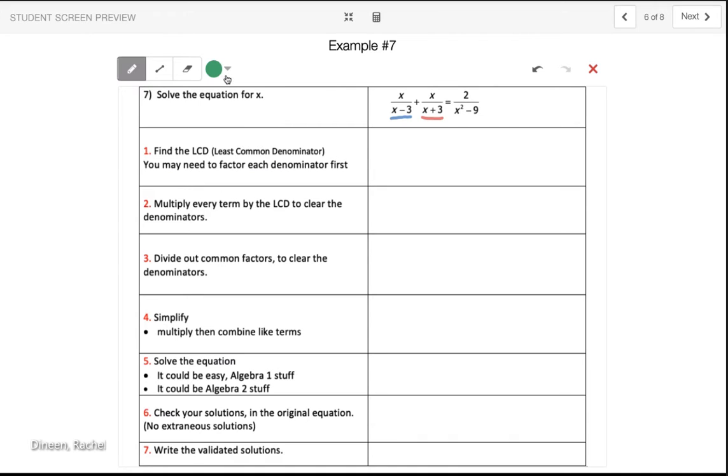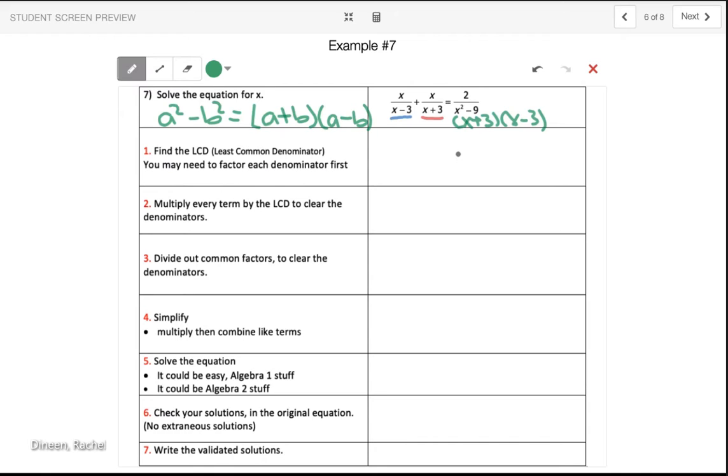So I'll write over here, if you remember, a squared minus b squared is a plus b times a minus b. So my a would be x and my b would be 3 because 3 squared is 9. So I'm going to factor this as x plus 3, x minus 3.